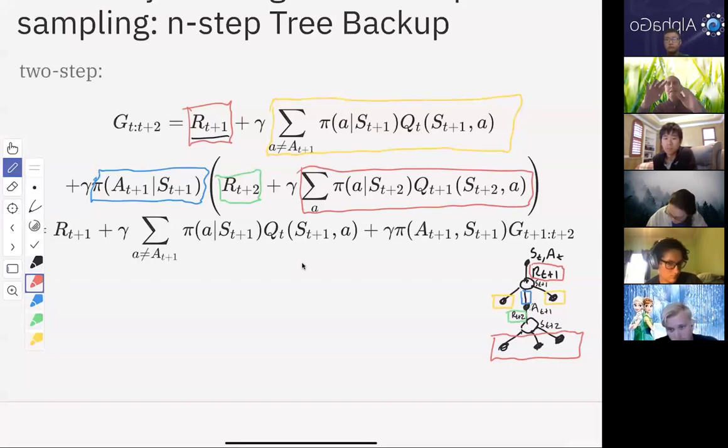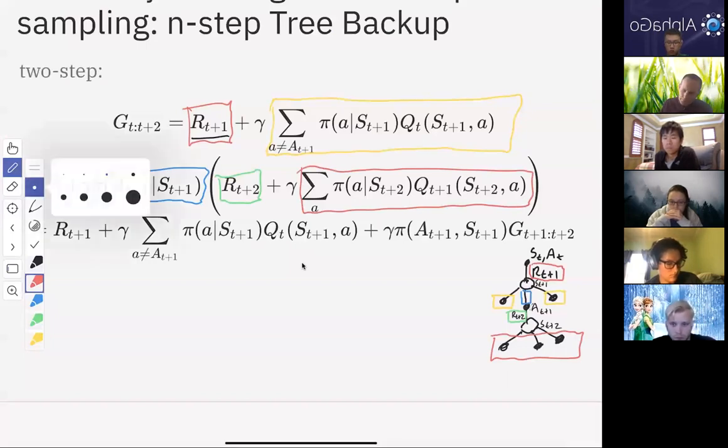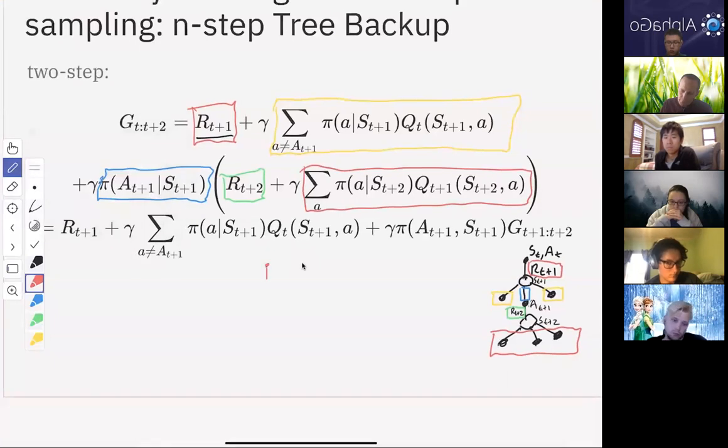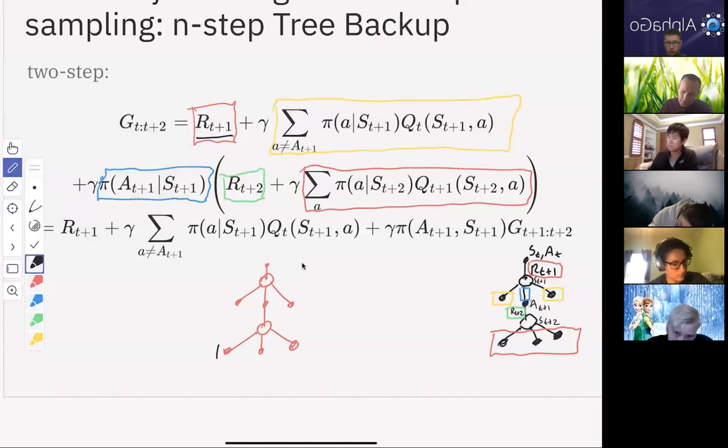So what we've got is this tree, and all the leaves in the tree are Q values. Let's just circle the leaves, or I'll square the leaves. These are the leaves.